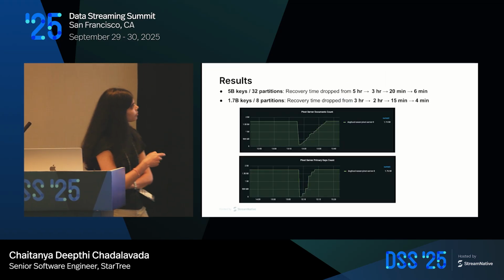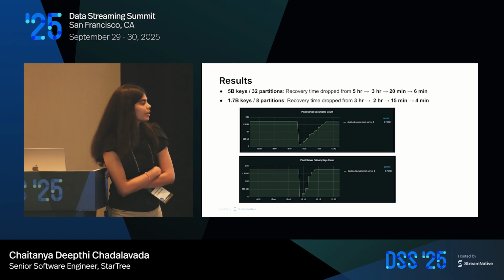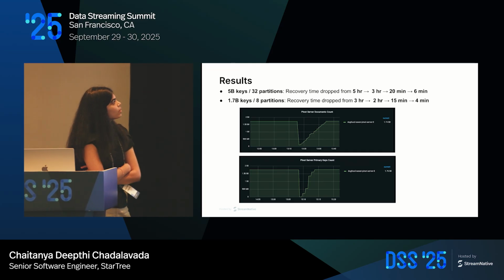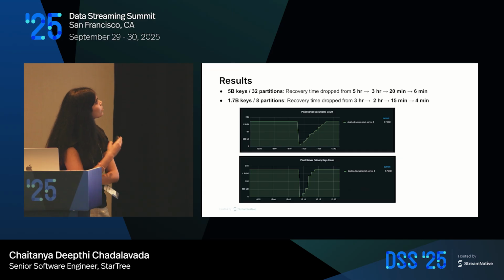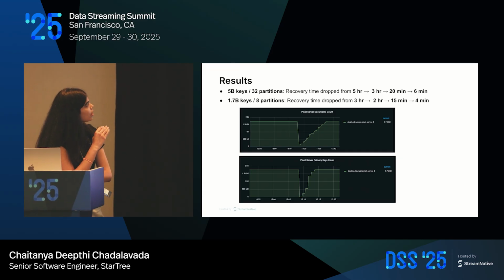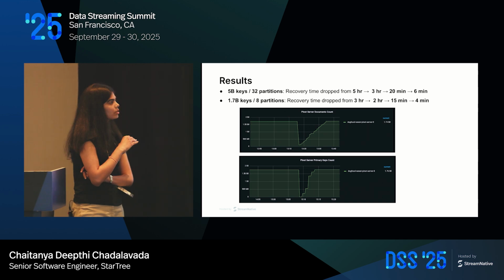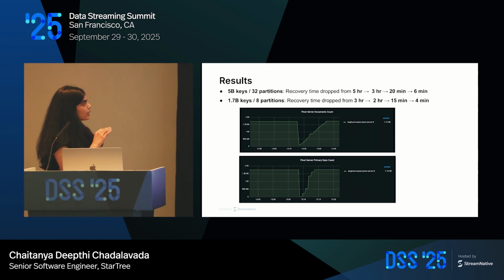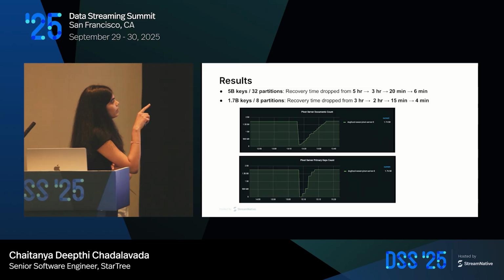All right. So with this, what I want to talk about is the results that we achieved, right? With the initial approach, the recovery time of servers was taking around 5 hours. For example, there were 5 billion keys spread across 32 table partitions at server level.